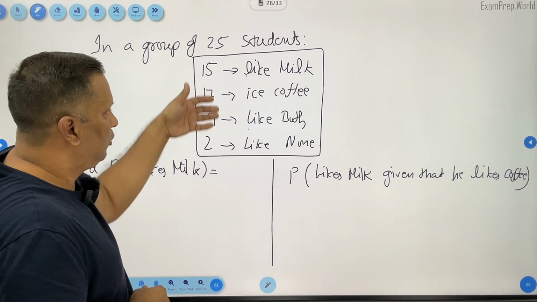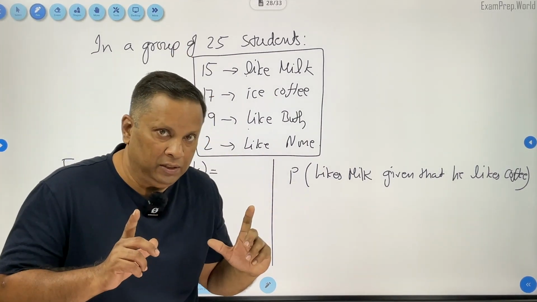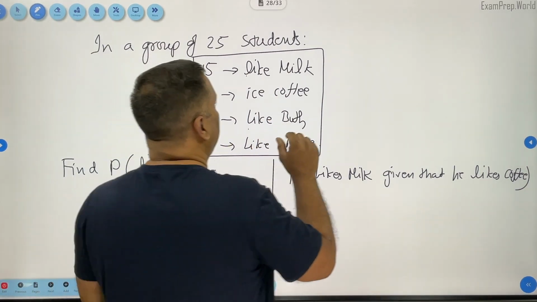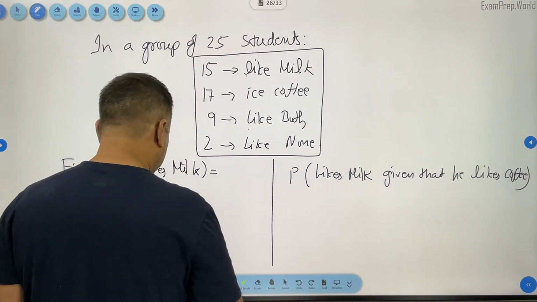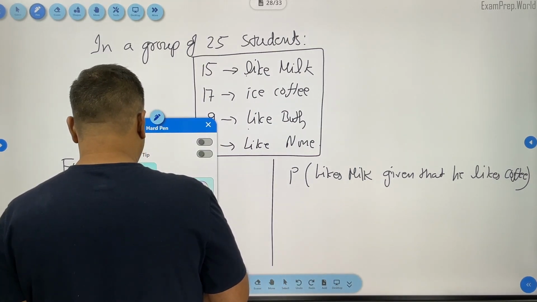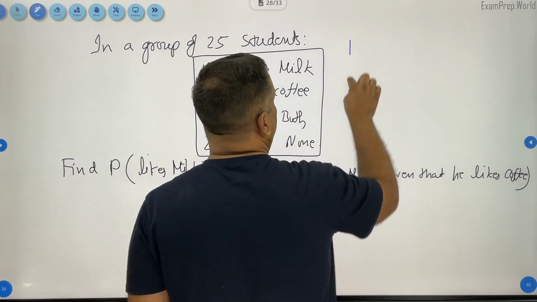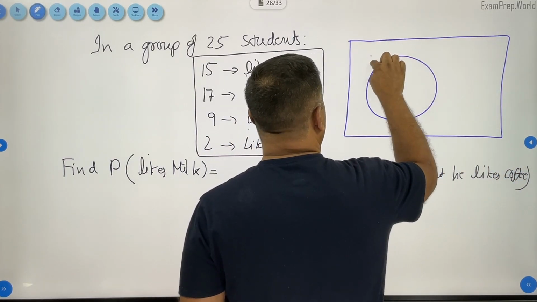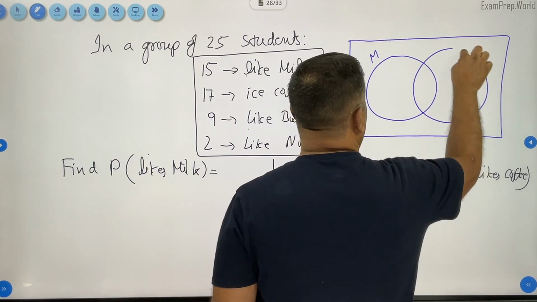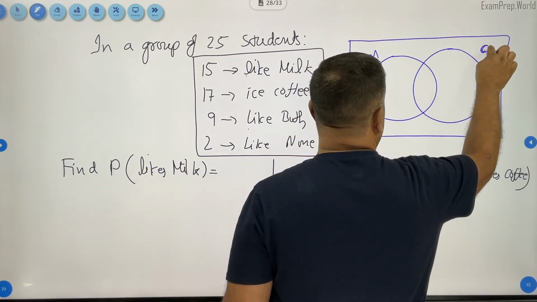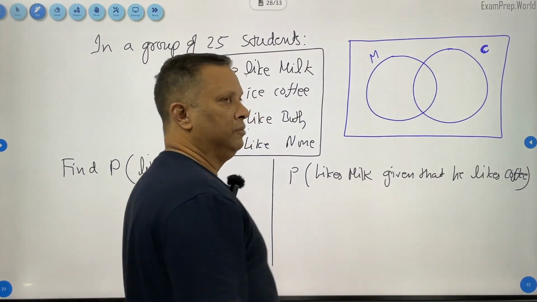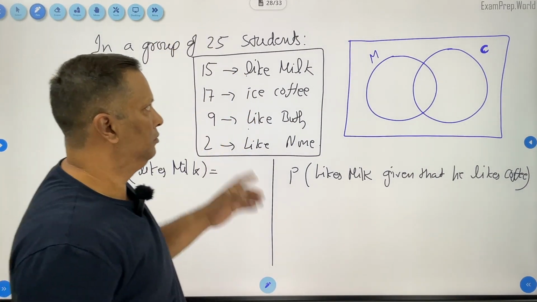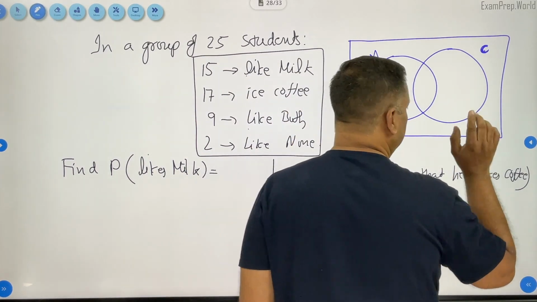To find the probabilities, the first task is to draw the Venn diagram. Drawing a Venn diagram is easy. Let me draw it with a different color, blue. This is the universal set. This is the set of milk. This is the set of coffee, C for coffee. Now, how many are there? Total 25, but 2 don't like anything, so they are outside.